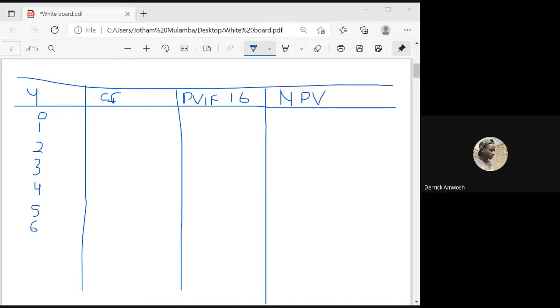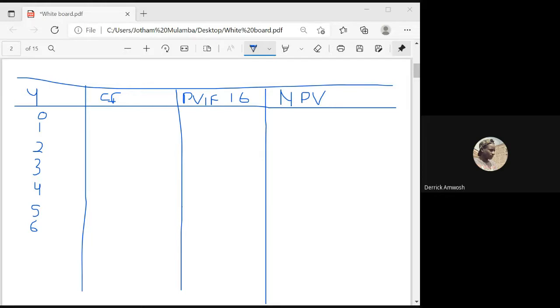That's the table members are using. Yes, I have the table. So from that table we read the PVIF. It's not printed. Maybe you'll share. I will have someone show me later.